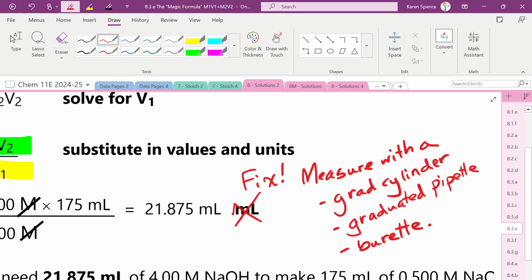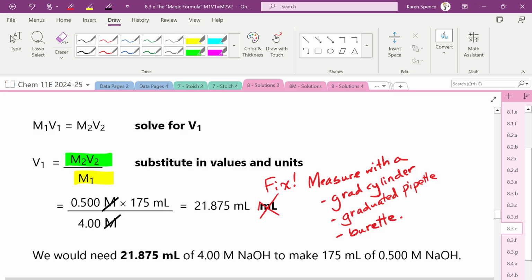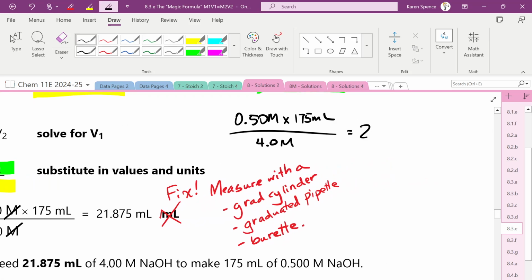And the reason I want you thinking about this is, now here I have 3 sig figs, right? But what if I had 2 sig figs? Let's say I had 0.50 molar times 175 mils over 4.0 molar, and I got 22 milliliters with sig figs. Would it make sense if I had my graduated cylinder?